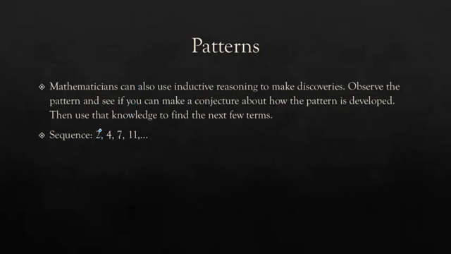Well, if I look at the difference between them, what am I adding here? So between 2 and 4, I'm adding 2. Between 4 and 7, I'm adding 3. Between 7 and 11, I'm adding 4. Well, this seems like a logical pattern.